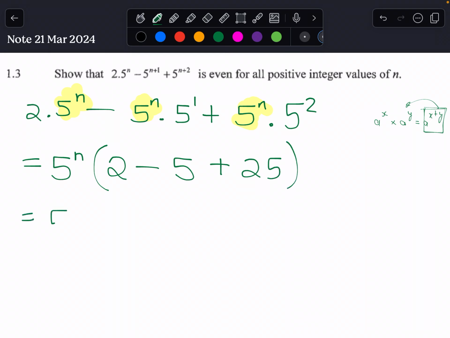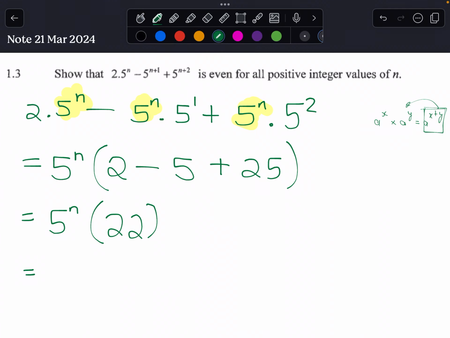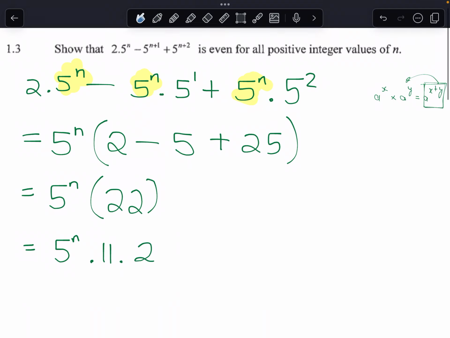So we have 5 to the n, and then here we have 2 minus 5 is minus 3 plus 25. 25 minus 3 is 22. Remember my goal was to write this as 2 times something, so I'm going to rewrite that as 5 to the n times 11 times 2.